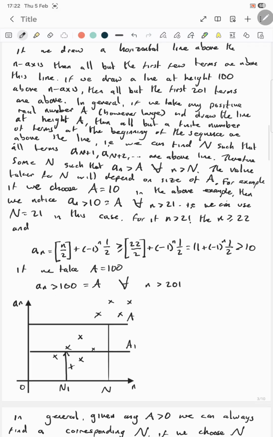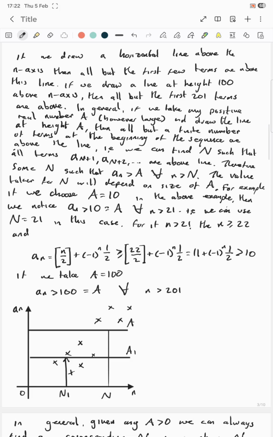Well, if we draw a horizontal line above the n-axis and all but the first few terms are above this line, say at height 100, then all but the first 201 terms are above. In general, if we take any positive real number A, however large, and draw the line at height A, then all but a finite number of terms at the beginning of the sequence are above the line.